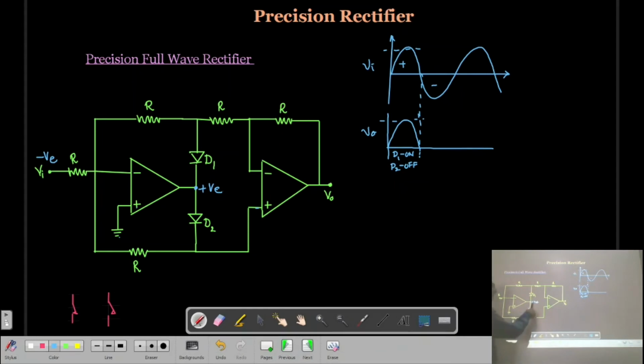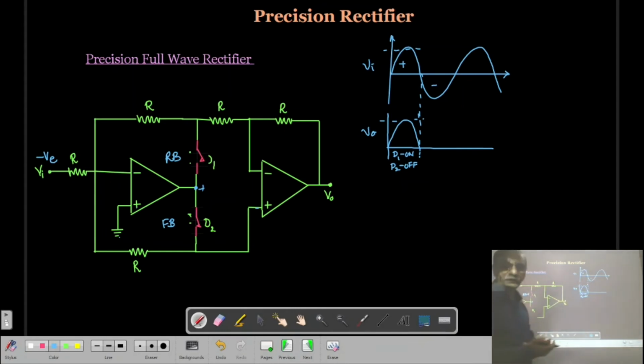When we have this positive voltage, then D2 is in forward bias and it will work as a short circuit, and D1 is in reverse bias, so it will work as an open circuit like this, and D2 is working as a closed circuit. So we have the situation like this.